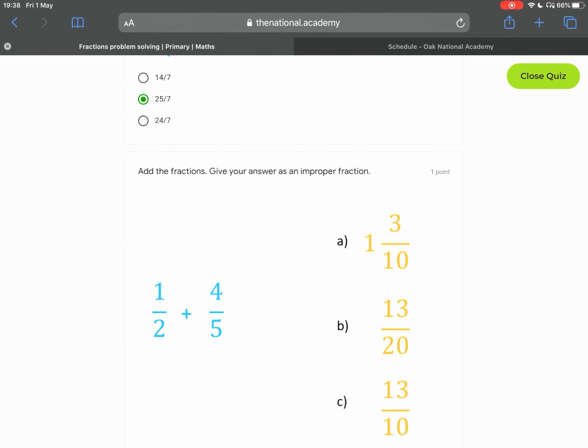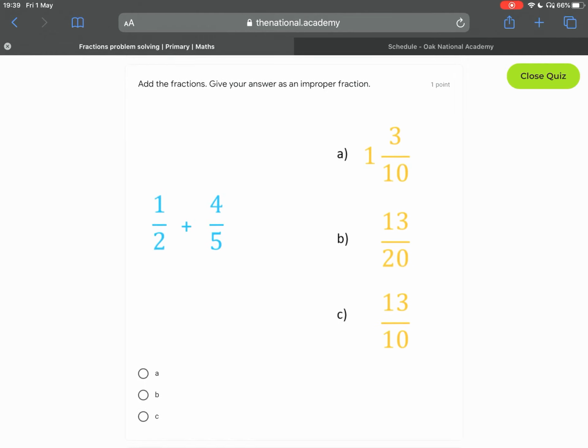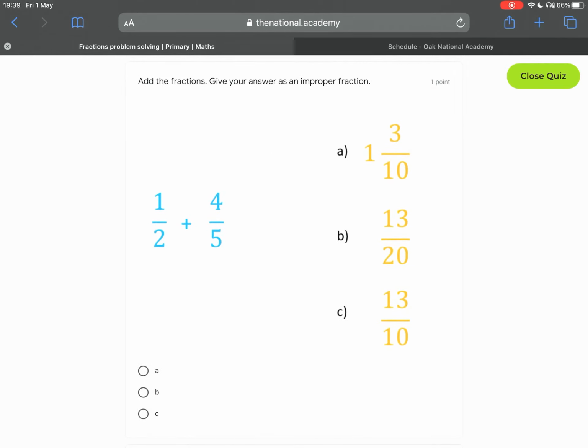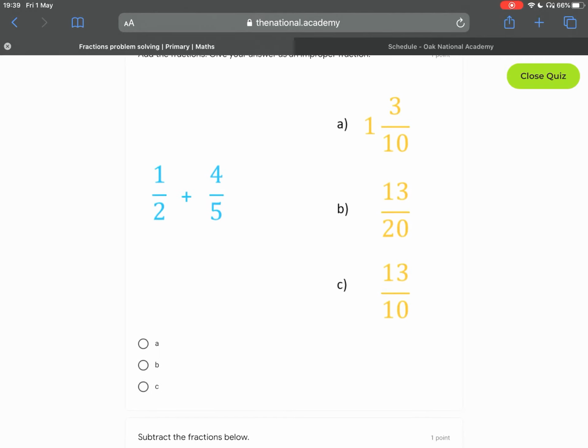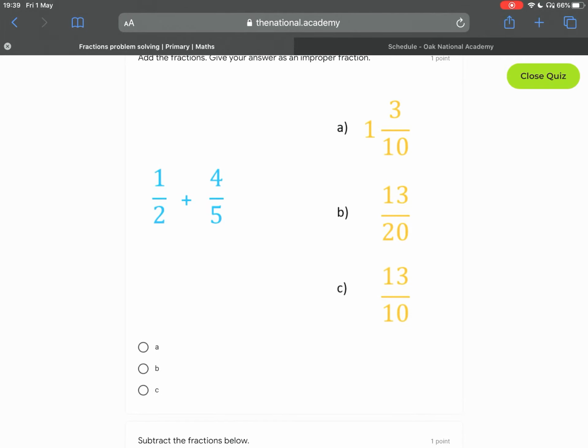Add the fractions below. Give your answer as an improper fraction. You can see A is not an improper fraction. Let's see. So one of them is wrong because you can see both numerators are 13, so that can't be. So let's check that.